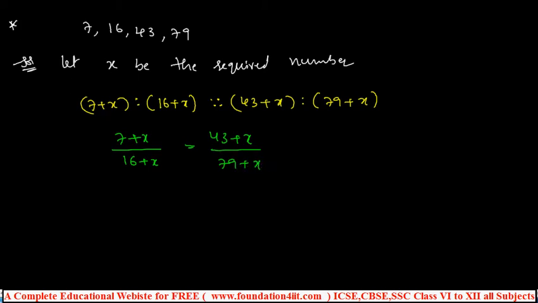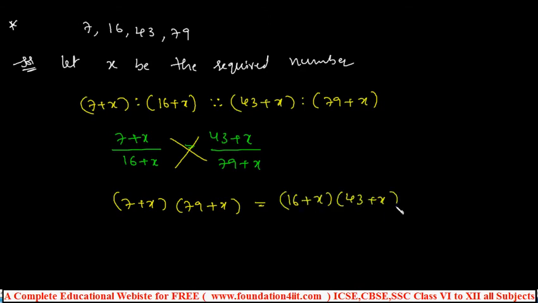Do the cross multiplication, since finally we need the x value. 7 plus x into 79 plus x is equal to 16 plus x into 43 plus x. After cross multiplication, you multiply the first term with the next two terms, the same concept.